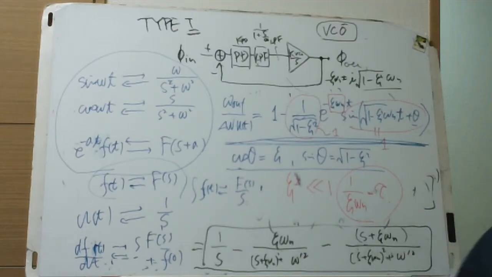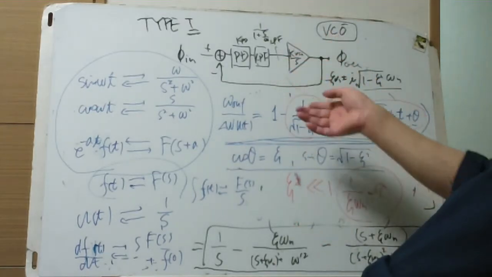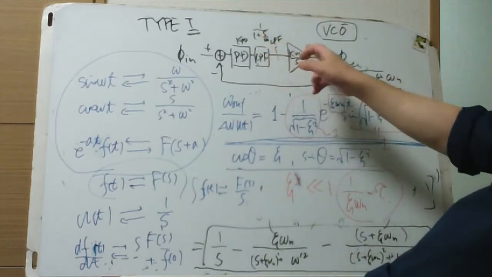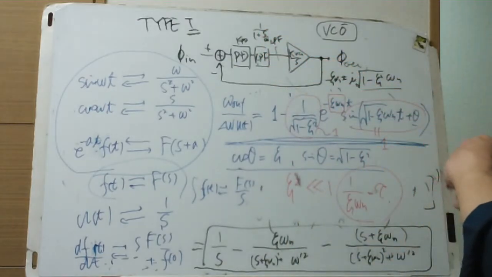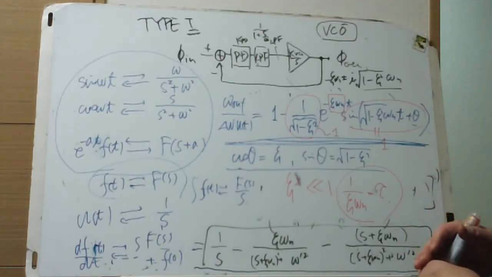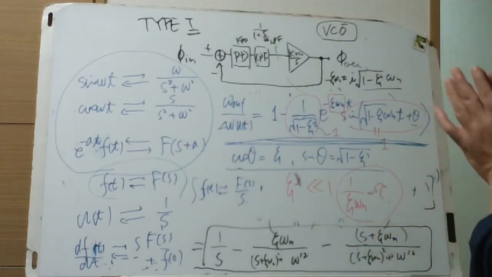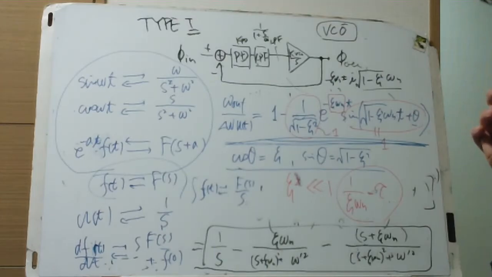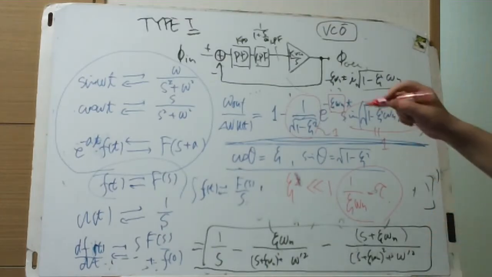For type 2, the analysis is the same as for type 1, so it's easy, and we need to know how KPD and KVCO affect PLL behavior.